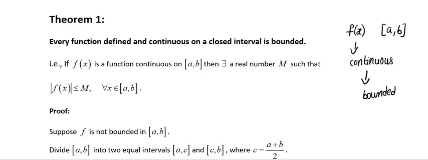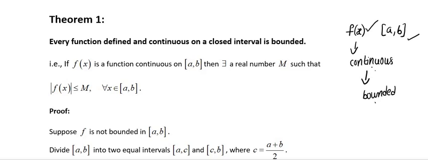The statement is very easy. Observe, f of x is defined on closed interval, and this f of x is continuous. Now we want to prove that this continuous function is bounded.